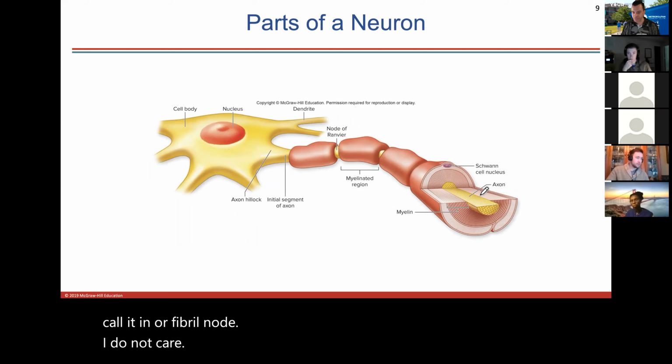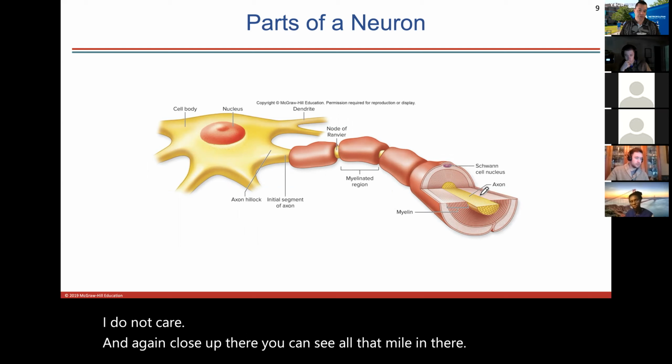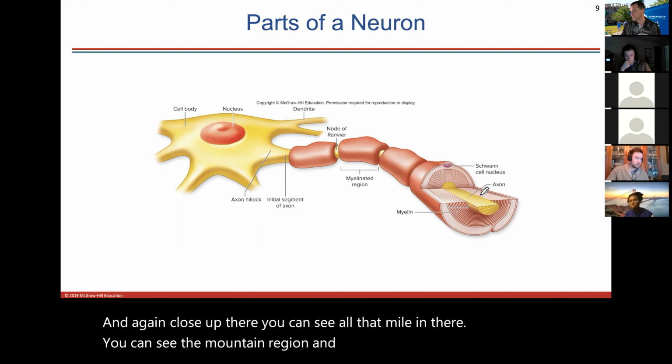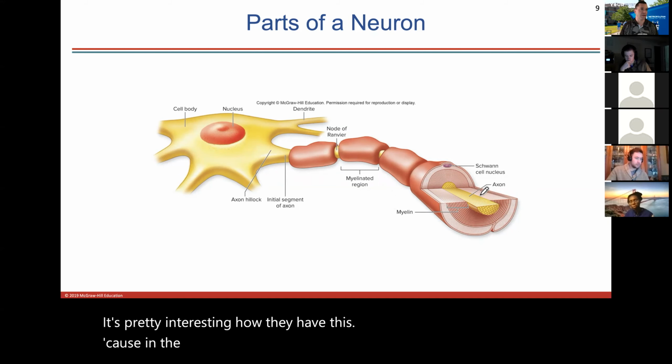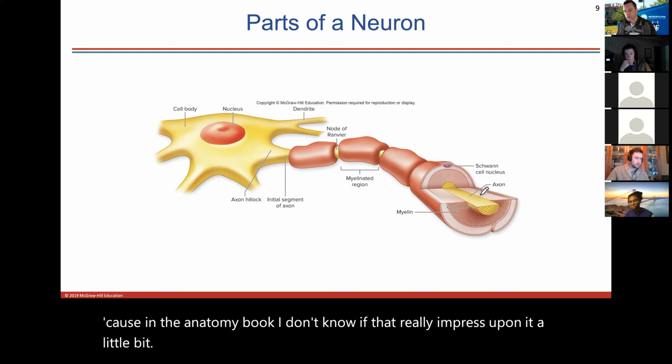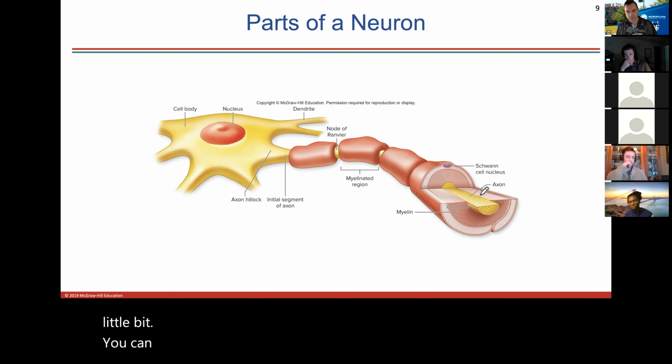And again, close up there, you can see all that myelin there. You can see the myelinating region, the node of Ranvier. It's pretty interesting how they have this, because in the anatomy book, I don't know if they really impress upon it a little bit, but you can have a Schwann cell there and it not produce all that myelin.